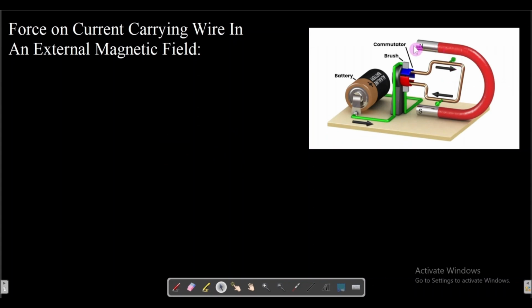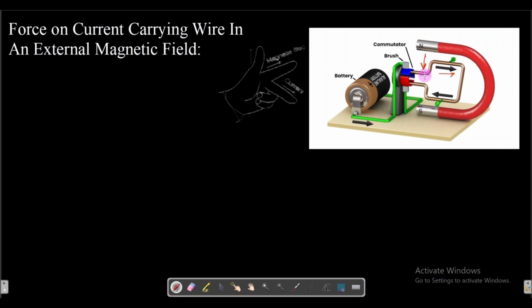So here, if we take a screenshot from that, on this side, the direction of the current is this. So here we have the direction of the electronic current, and this is the direction of the external magnetic field.